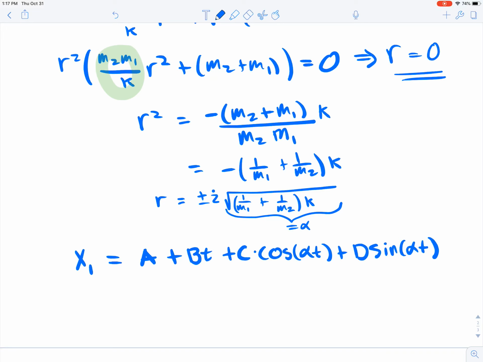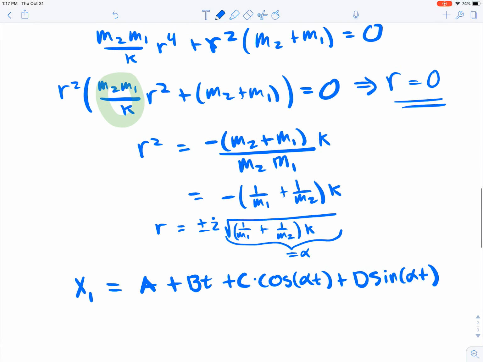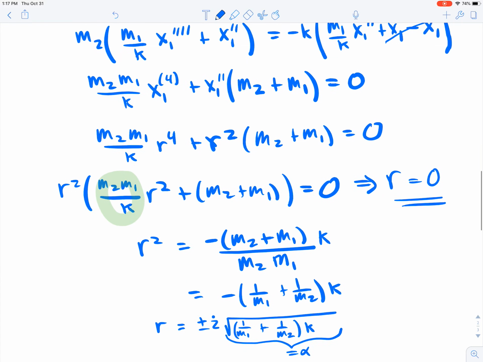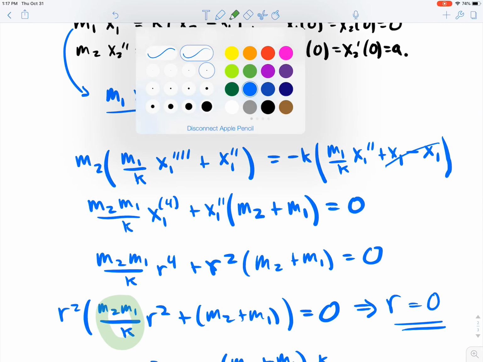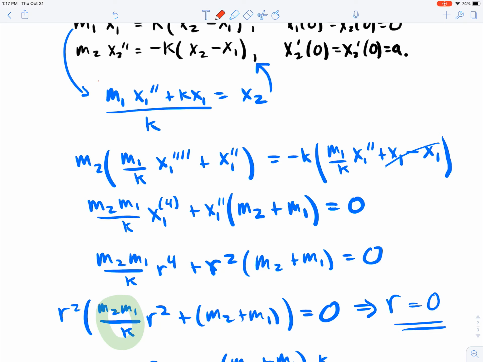We now want to find what x2 is. We can easily find x2 by looking up here and using this equation. We can take its double derivative and we could easily find it. However, it's going to be easier first if we figure out what these constants are.